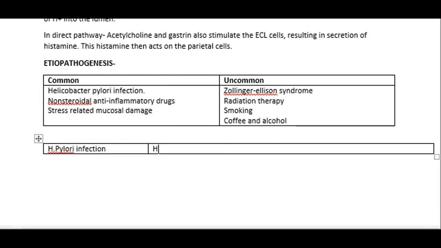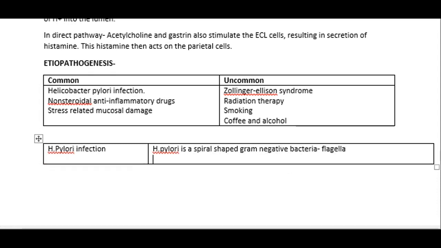H. pylori is a spiral-shaped gram-negative bacteria, and it also has a flagella. With the help of its tail, it enters the superficial mucosal layer.